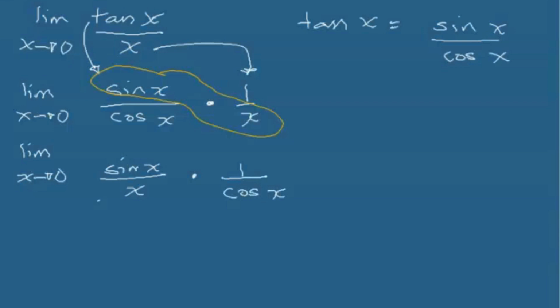So we know that sine x over x is equal to 1. Okay, so that's 1 times, what is 1 over cosine 0 by substitution? We know that cosine 0 is equal to 1. So 1 over 1 is equal to 1. So the answer, 1 times 1, is 1.